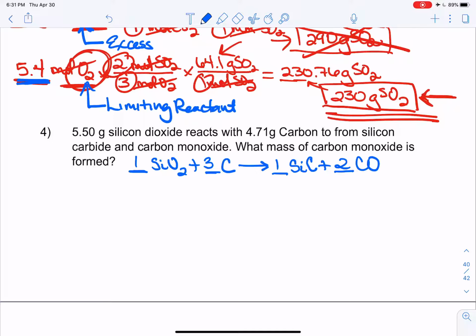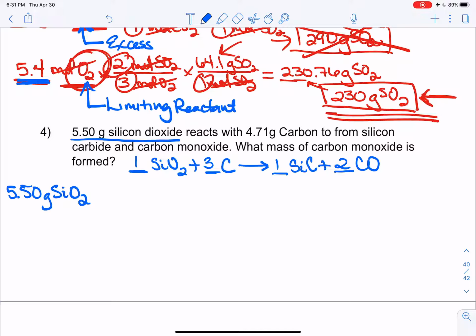Yay! Just what we were waiting for. Okay, so one of our givens is 5.5 grams of silicon dioxide. So we're going to write that right here. 5.5 grams of silicon dioxide. Now, so far in problems 1, 2, and 3, we've been spoiled because they've started us off with moles.